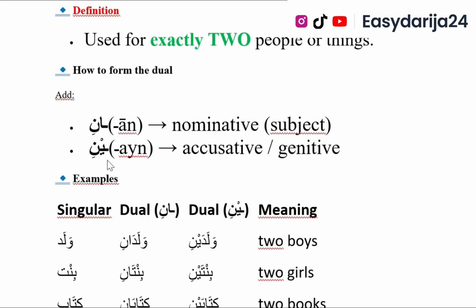And we have another form, accusative, yayni. We have ya here as a consonant, and we have that sukun, a small circle, and we have noon and kasra below, ni.